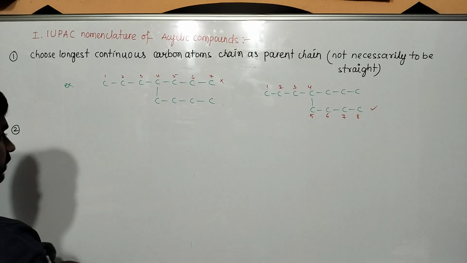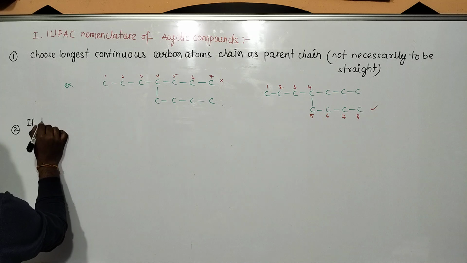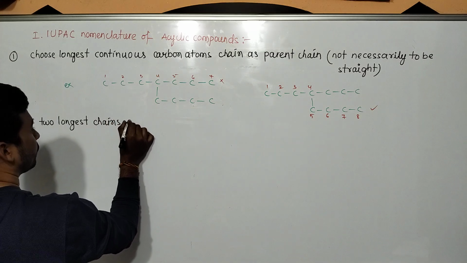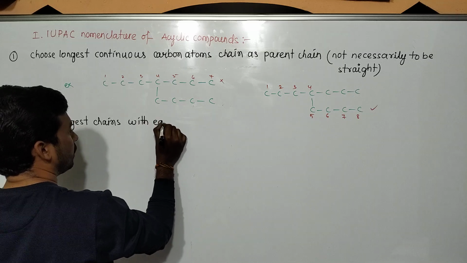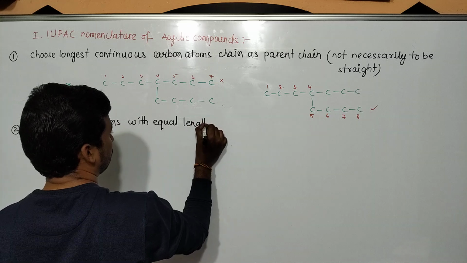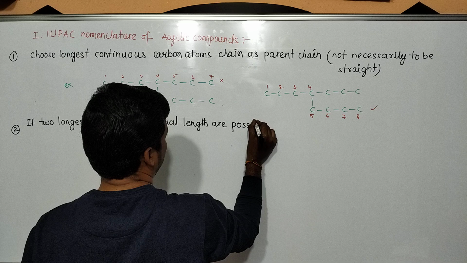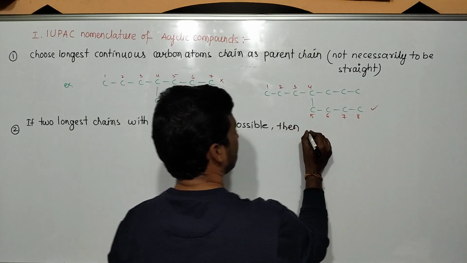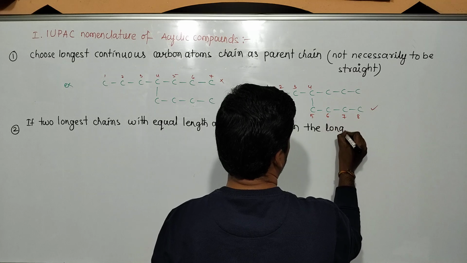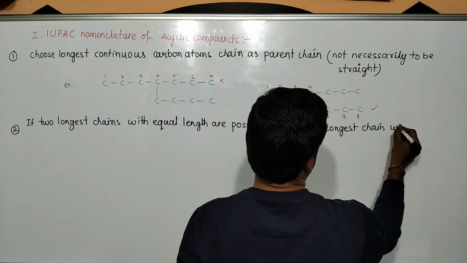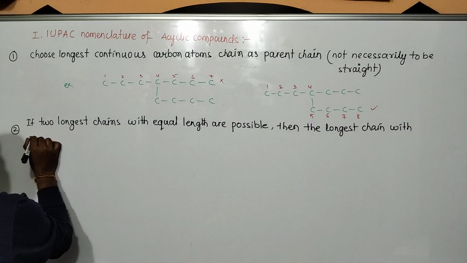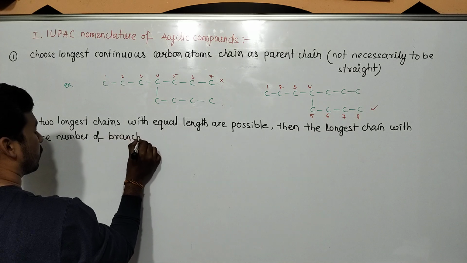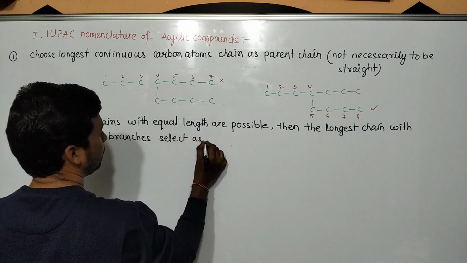Then come to rule number 2. If 2 longest chains with equal length are possible, then the longest chain with more number of branches is selected as the parent chain.